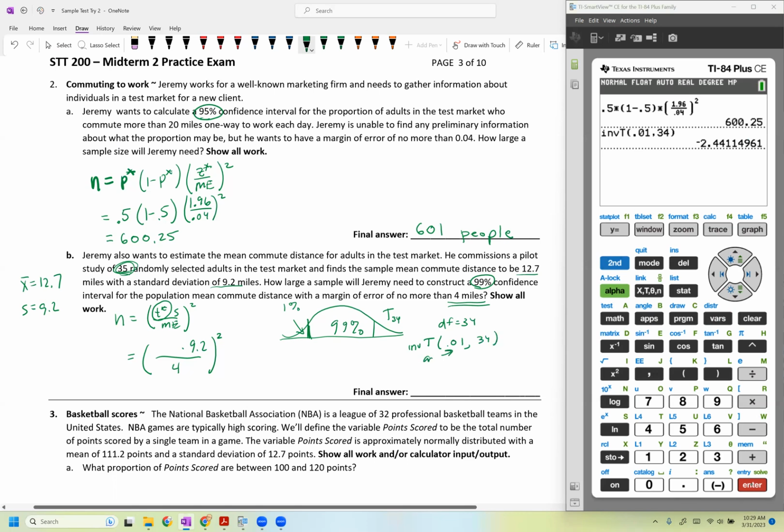Again, this is an area, and this is degrees of freedom. And we got a value of negative 2.44. I'm going to ignore the negative part, and 2.441 seems like a reasonable value.